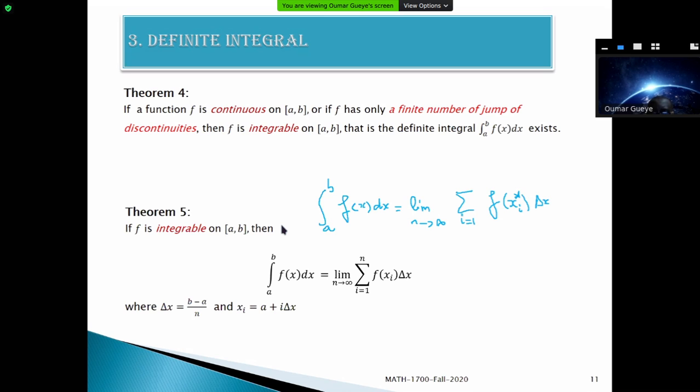You guys can see they are very close, but the difference here is that instead of xi star, now we have xi.